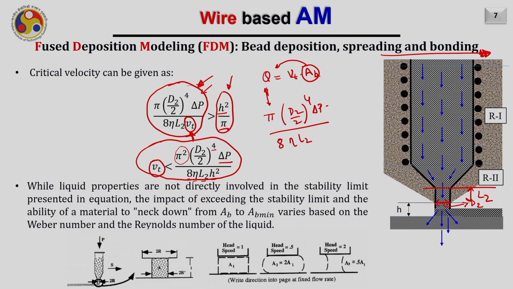As you can notice, the properties of the liquid are not directly involved in the stability limit presented in this equation. Therefore, the impact of exceeding the stability limit and the ability of material to neck down from AB to AB minimum varies based on the Weber number and the Reynolds number of the liquid.